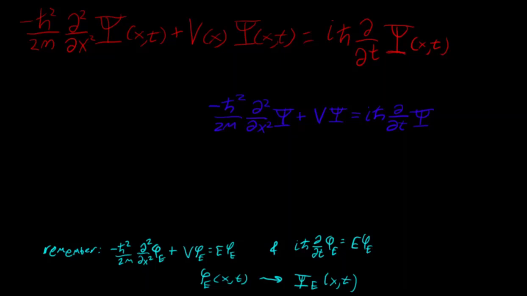Capital psi is going to be a function of both position and time. Lowercase psi, how we've had it before, this wave function, is just a function of position. And so that's how I will draw the distinction between whether the wave function is of both position and time, or just of position. Lowercase psi will be of just x, capital psi will be of x and t.